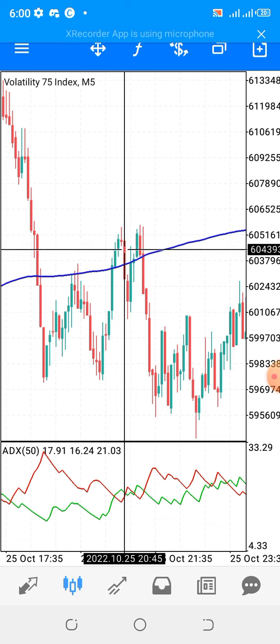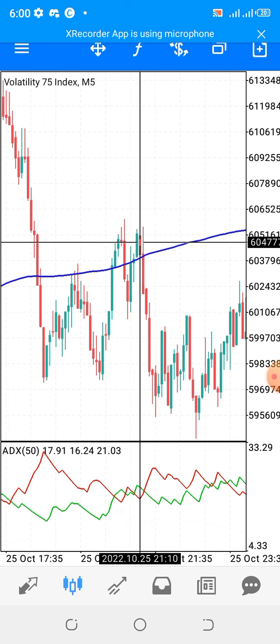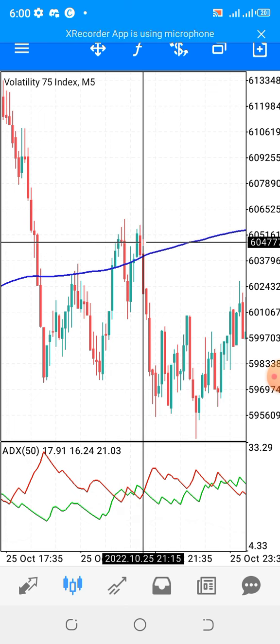It must be obvious that the candlesticks are below the moving average before you come down to the ADS to look for your entry. Do you understand? So look at the next crossing here.